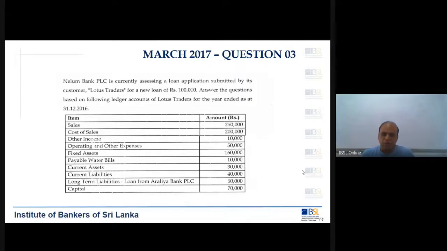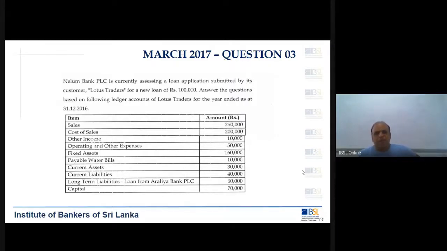So you need to know how to evaluate the financial statements, because if you don't know how to prepare a gross profit and net profit calculation, then how are you going to assess this loan application of the customer? That is why learning sole proprietorship is important, because you might get customers falling into that category.